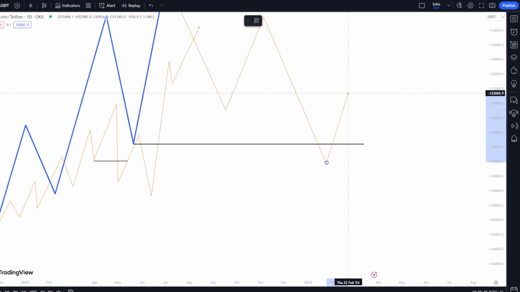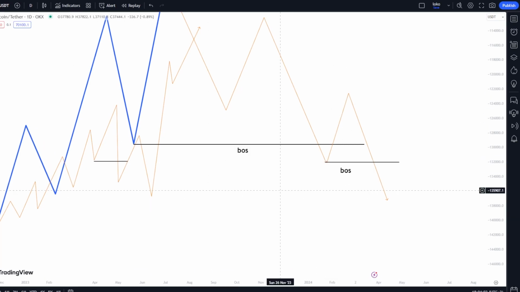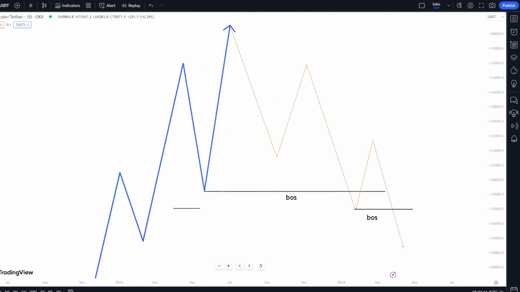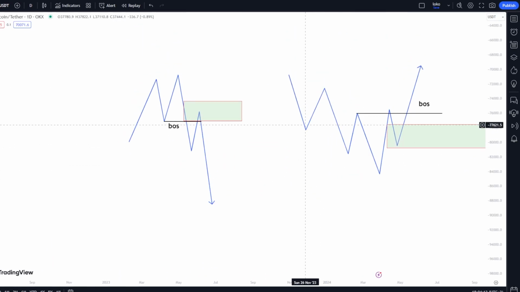For example, a retest of the imbalance and a low down. It's confirming our break of structure.